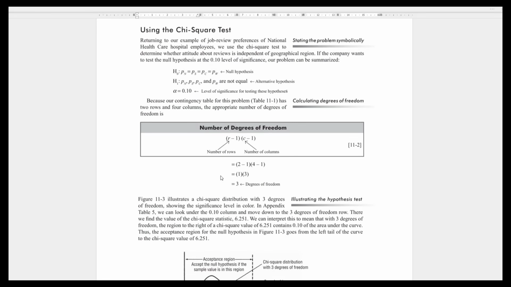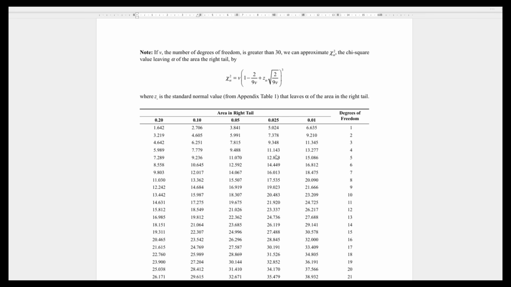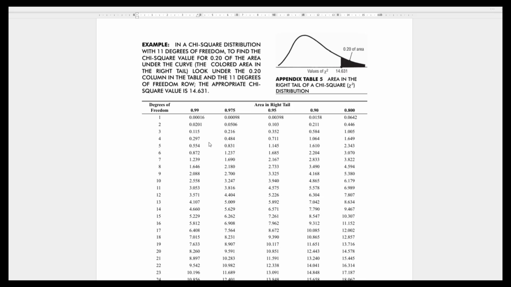They have asked us to use alpha equal to 0.1 level of significance. So we are going to check for alpha equal to 0.1 and 3 degrees of freedom. If you go to the table here, this is the area under the right tail which we want, 0.1, but this one has different values. So go to part B of the table and you will see 0.1, and the degrees of freedom is 3, that is the third row, which gives 6.251. So the table value is 6.251.